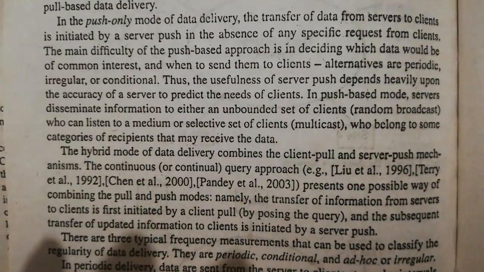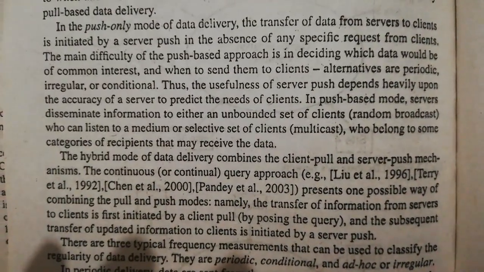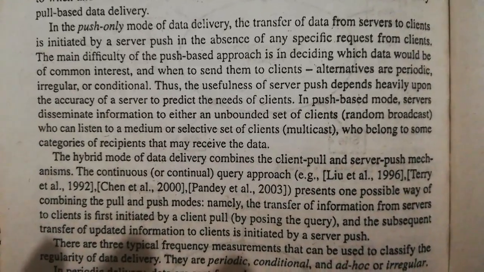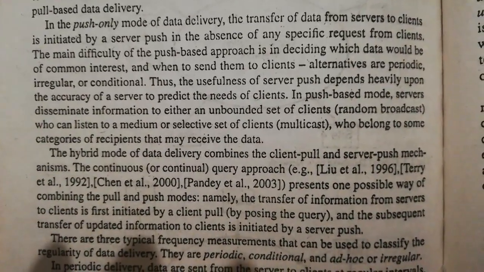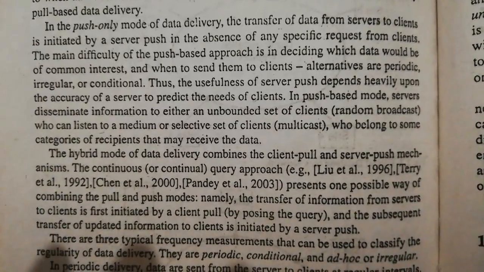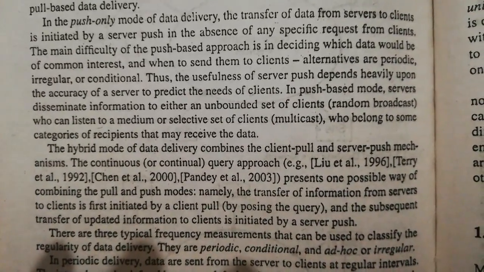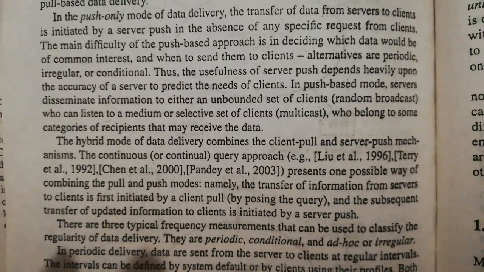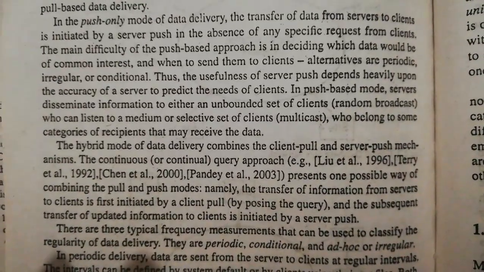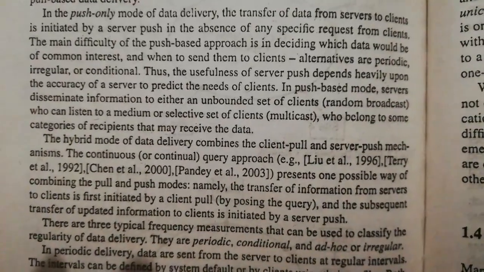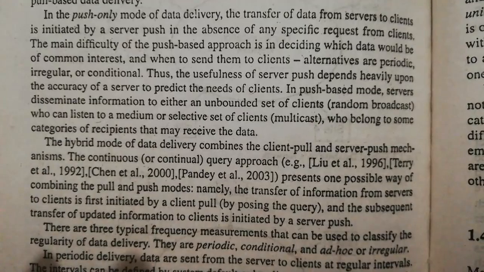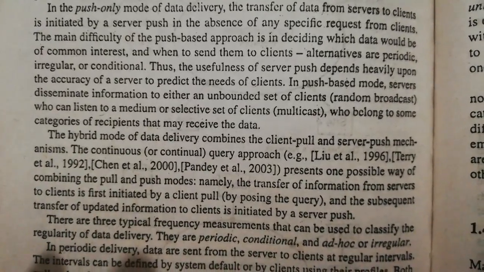In the push-only data delivery, the transfer of data from server to client is initiated by a server push in the absence of any specific request from clients. The main difficulty of the push-based approach is in deciding which data would be of common interest and when to send them to clients. Alternatives are periodic, irregular, or conditional.